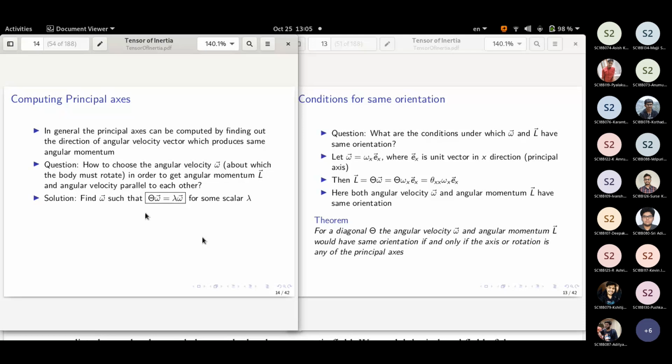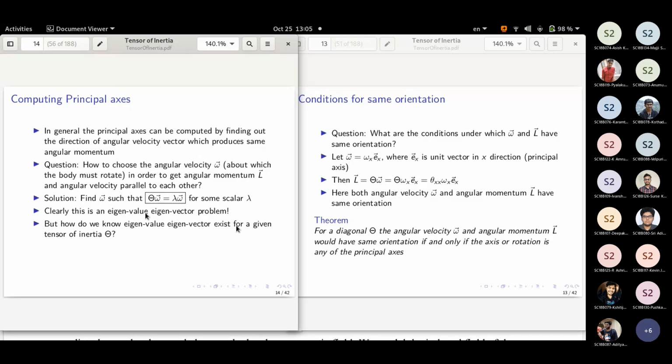It remains the same. It's not going to change. Okay, sir. So we have converted our problem into an eigenvalue, eigenvector problem, which is equivalent to computing the principal axis.